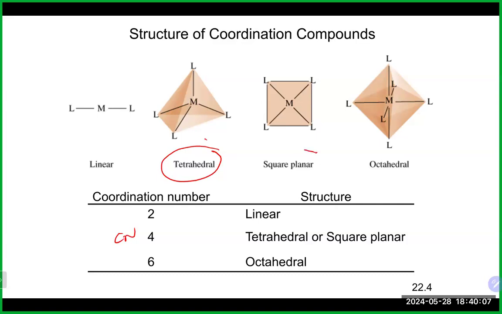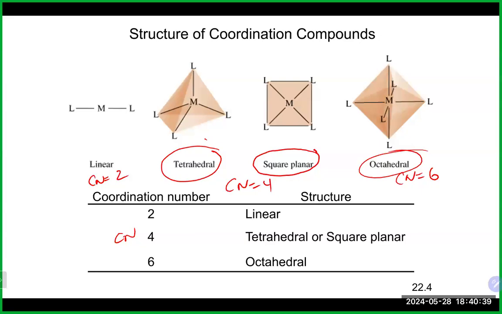This is your square planar, which is your expanded octet, which also would be a coordination number of 4. And typically a coordination number of 6 will involve the octahedral geometry. An easy way to remember that is octahedral, 6 electron pairs, coordination number 6. Tetrahedral is 4, 4. Linear is 2 electron pairs, so coordination number 2. Square planar is the only one you've got to think about, I guess, in that sense.